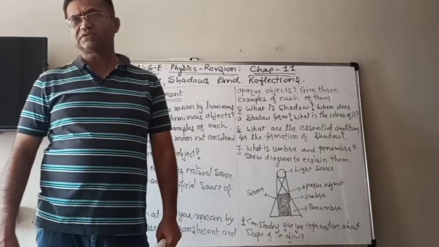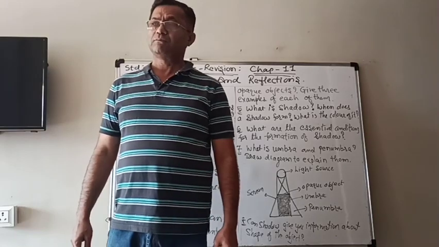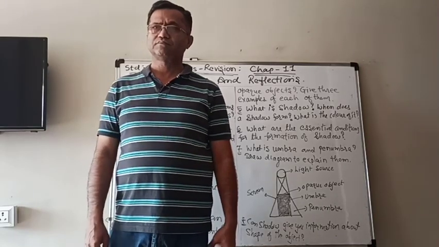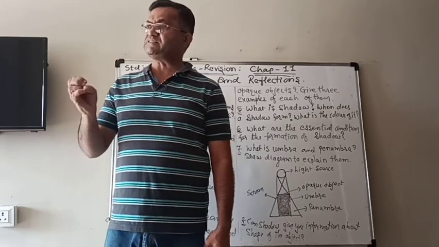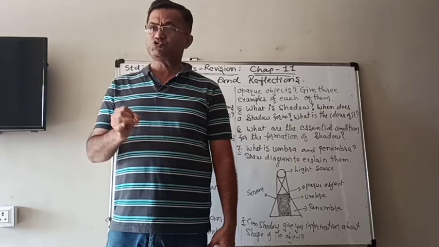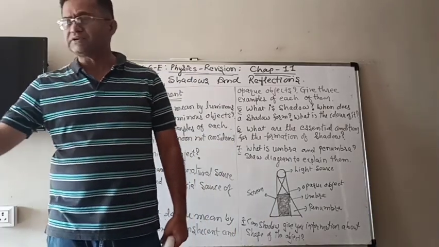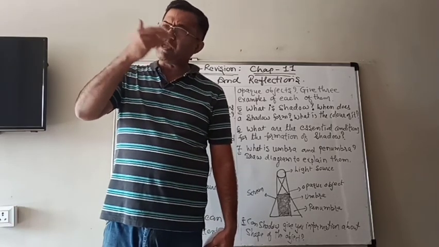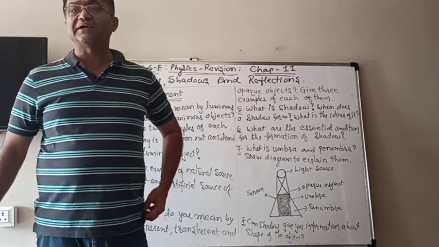Then you will see that you are able to see the objects, but not clearly. It will be blurry. Why? Because it allows the light to pass through partially, not completely. So you will be able to see through it but not clearly.